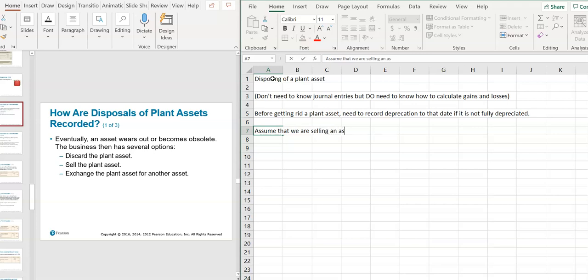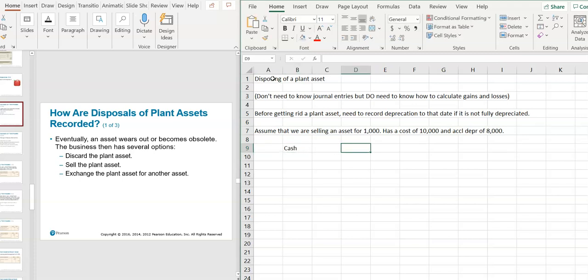That we're selling an asset for $1,000, has a cost of $10,000 and accumulated depreciation of $8,000. Okay. So we're getting the cash of $1,000.